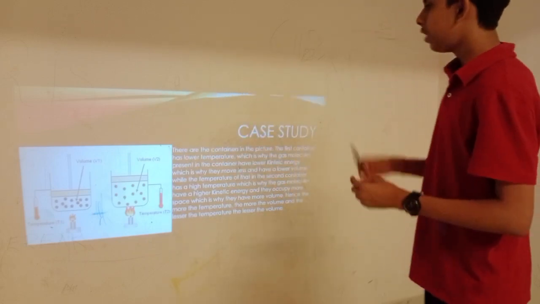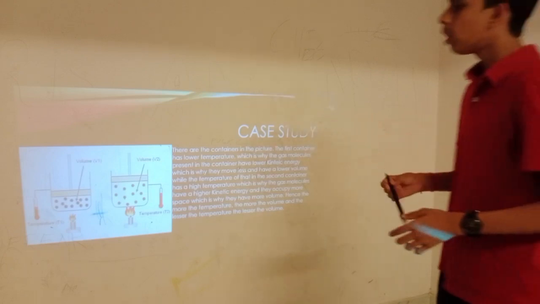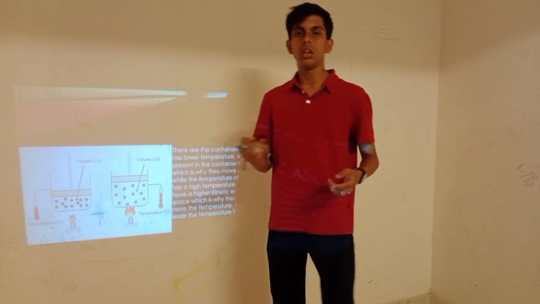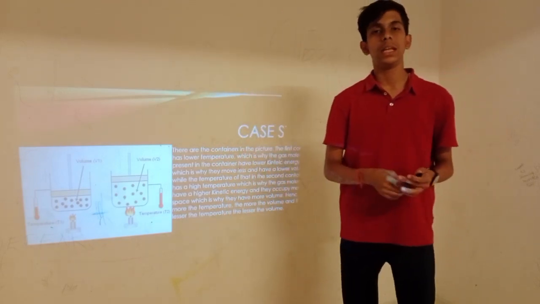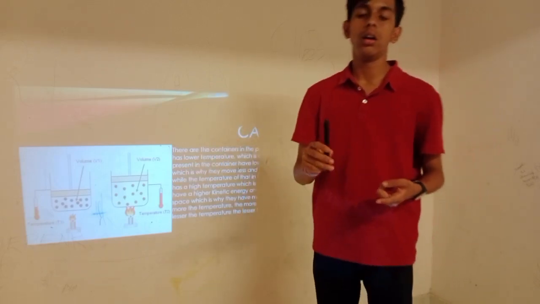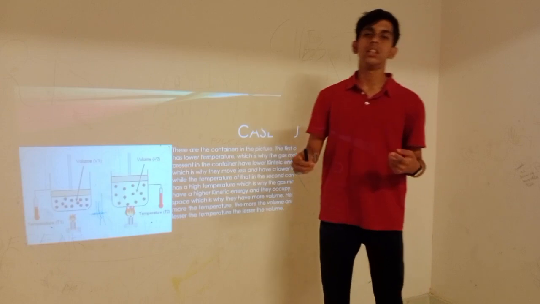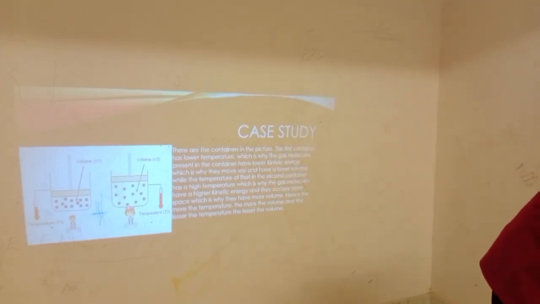So we can prove Charles's law: a lower temperature gives the gas molecules a lower kinetic energy, which requires less volume for them to move freely, while a higher temperature gives them a higher kinetic energy, which requires more volume to move freely.